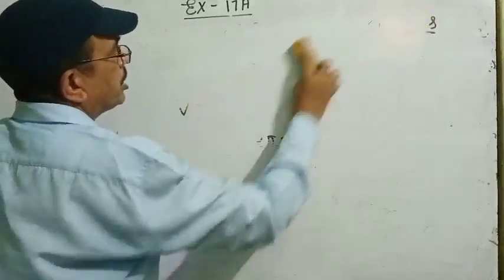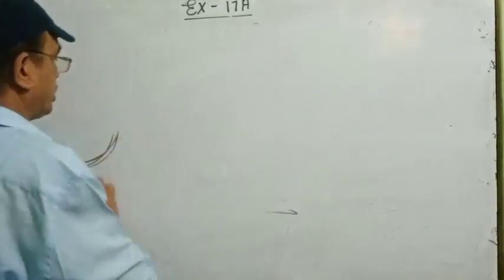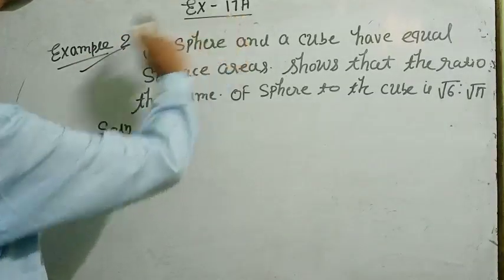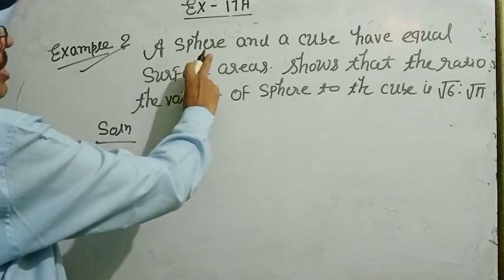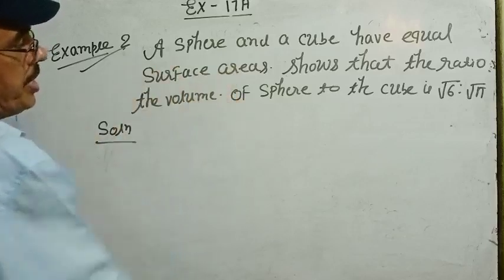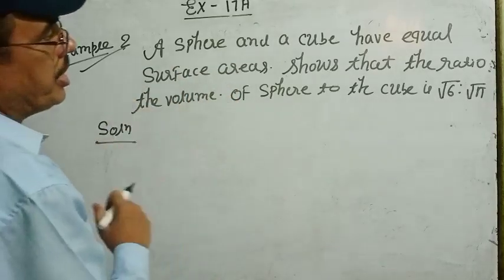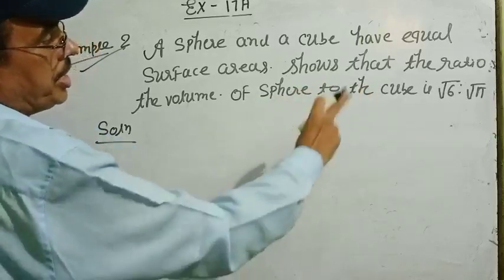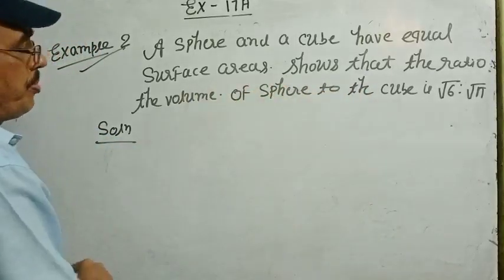So now see some problems related to these questions, example second, exercise 17a. A sphere and a cube have equal surface area, so the ratio of the volume of the sphere to the cube is root 6 is to root 5.